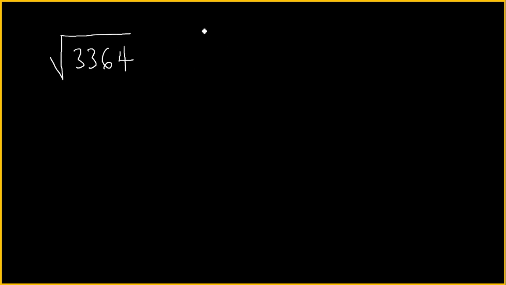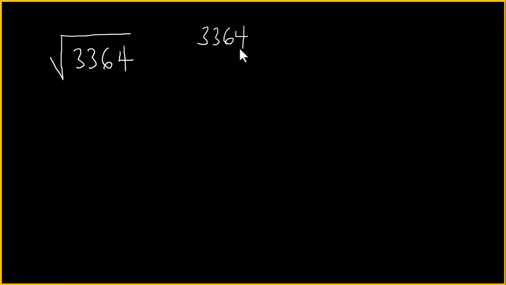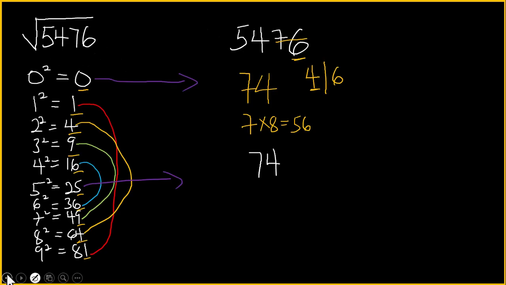Okay, so let me pick it out from the square root, and then from our perfect square numbers that we just listed here, we compare the last digit, which is 4. So our last digit here is 4. We compare it to the last digit of the perfect square numbers.